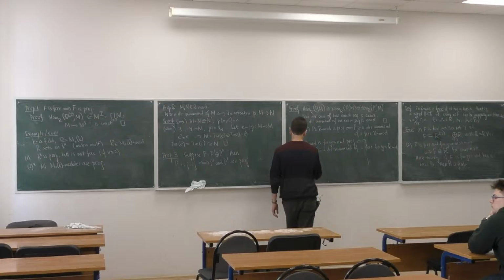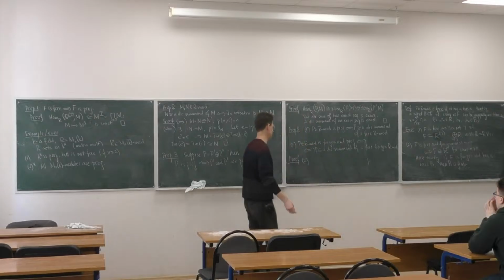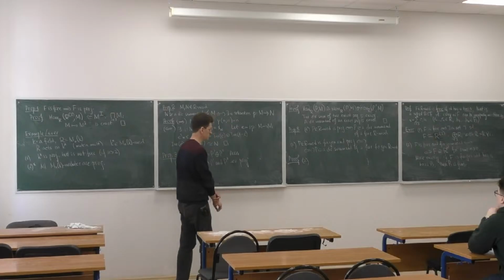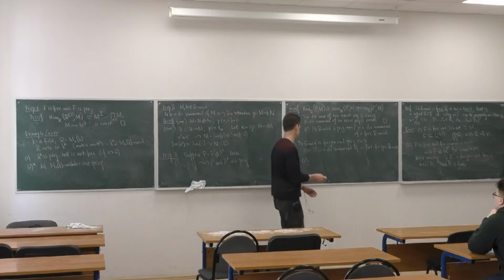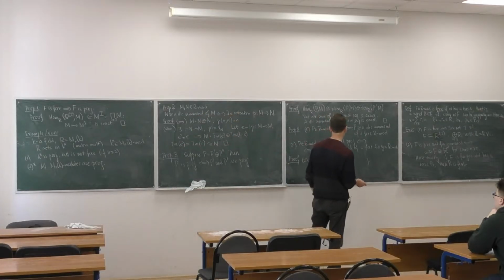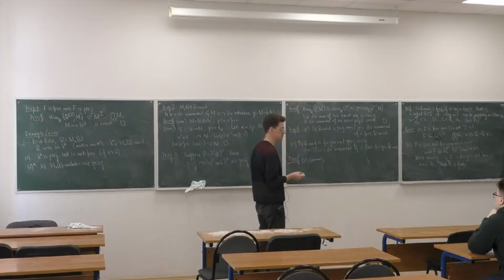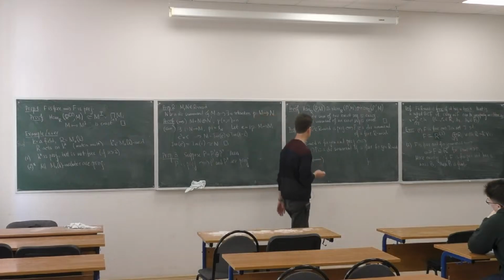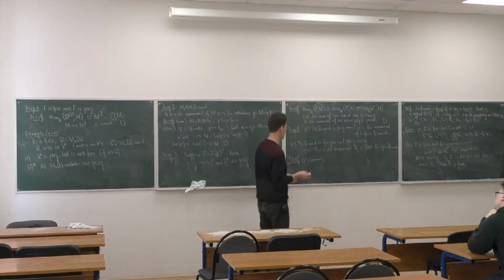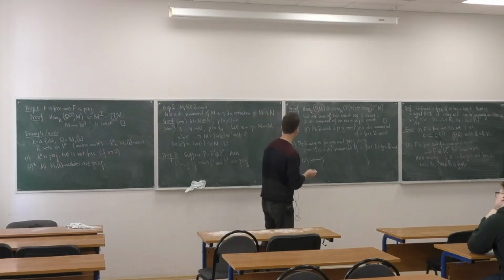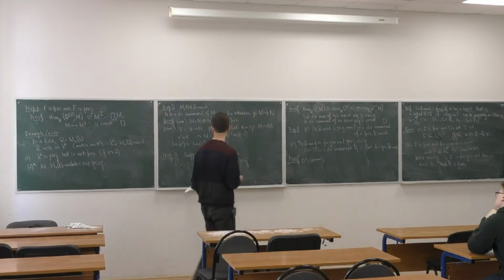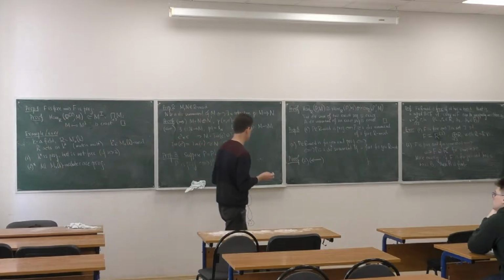Well, I'll prove only part 2. We are mostly interested in the finitely generated case. The proof of 1 is almost identical. Well, if we know that it is isomorphic to a direct summand of a free, finitely generated module, then it is projective by proposition 3, and that's it.